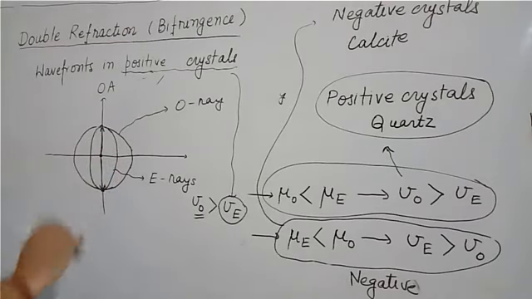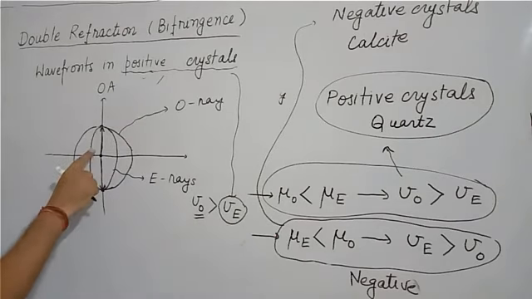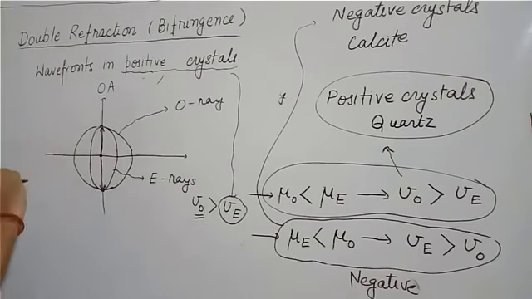While in case of negative crystal, it was opposite. In negative crystal, E ray has maximum speed along the perpendicular axis, while in positive crystal, E ray has maximum speed along the optic axis.